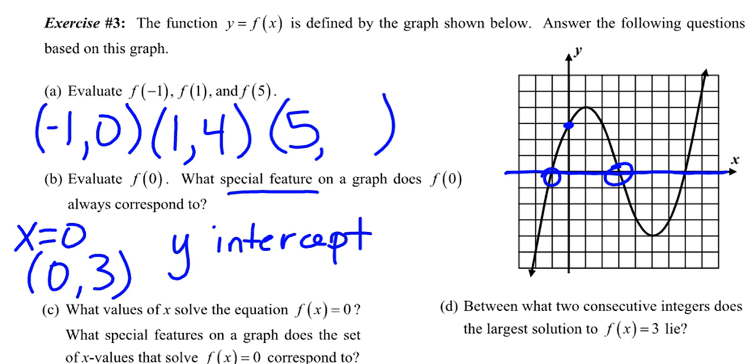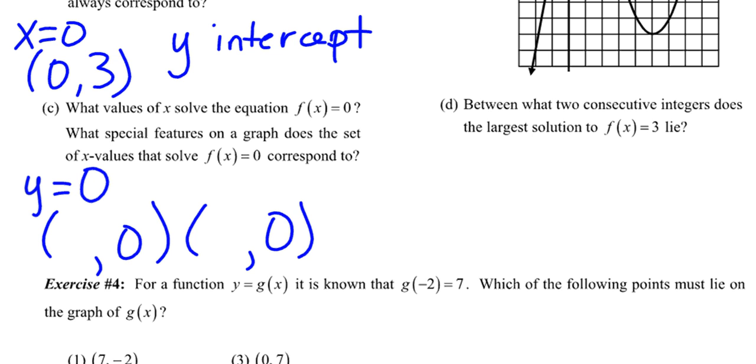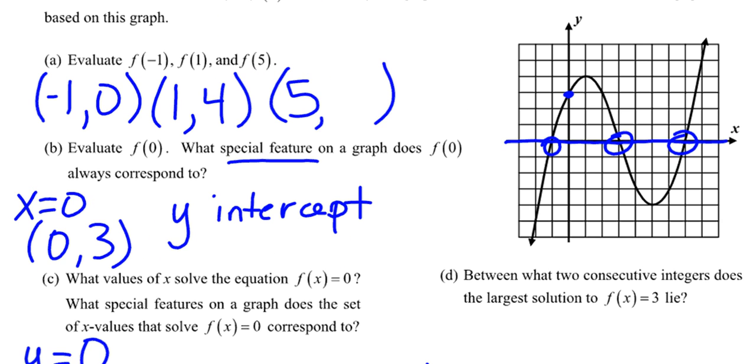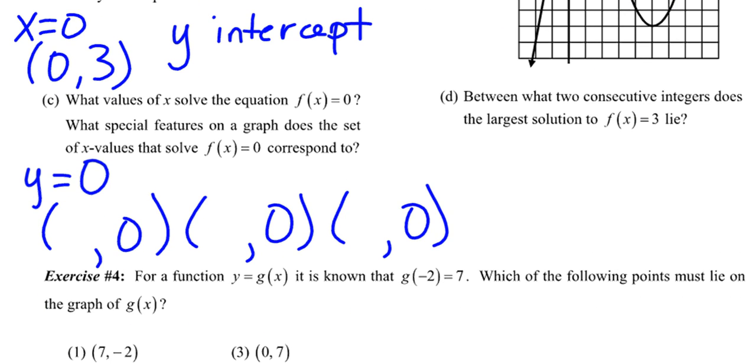It hits it, oh no, I'm sorry, 3 times. So when y equals 0, what do you get for x? You just fill in those points where it intersects on the graph when your y coordinate is 0. That's those 3 right there. See if you can fill those in on your own.